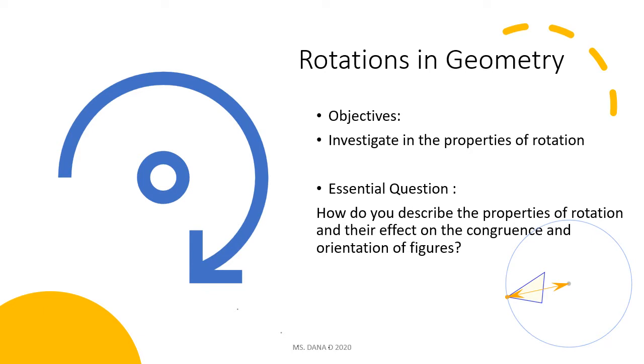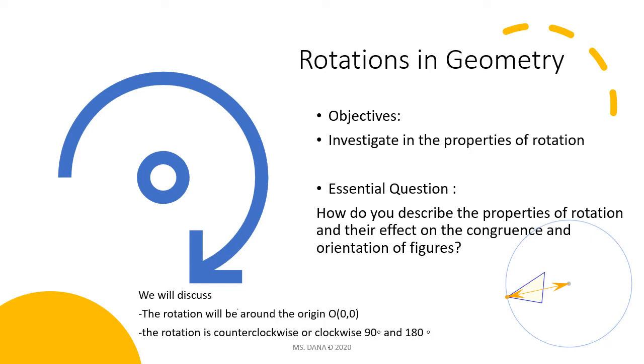So far we have noticed that with rigid motions, the size and the shape don't change. Okay, but what will happen to the orientation? What will happen to the congruency? So we have to take into consideration two things.